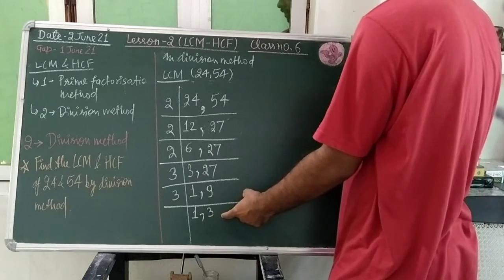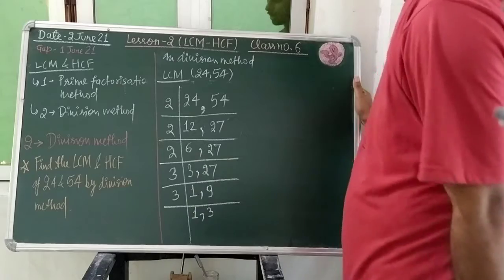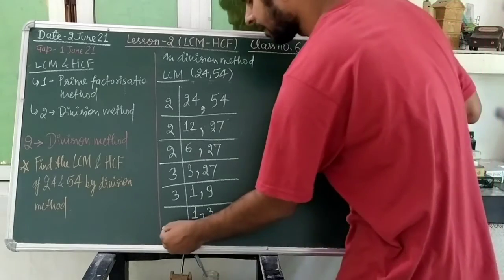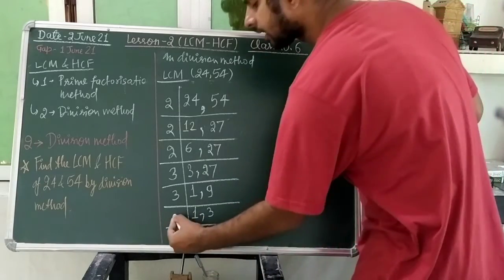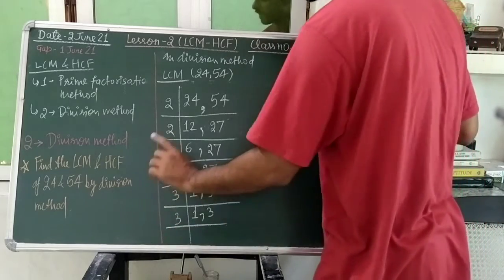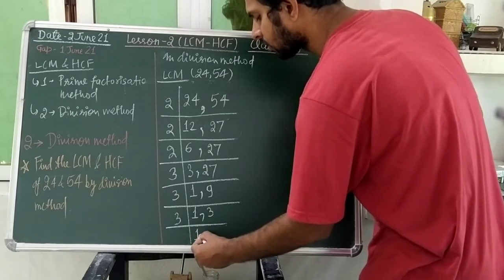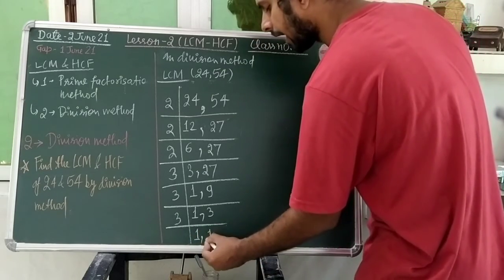So 3 we will write here. And for the second number, we are getting a prime number now. For a prime number, I have told you, select the same prime number. So 3 is a prime number, so we will select the same number here, and it will become 1 for the first number and for the second number as well.